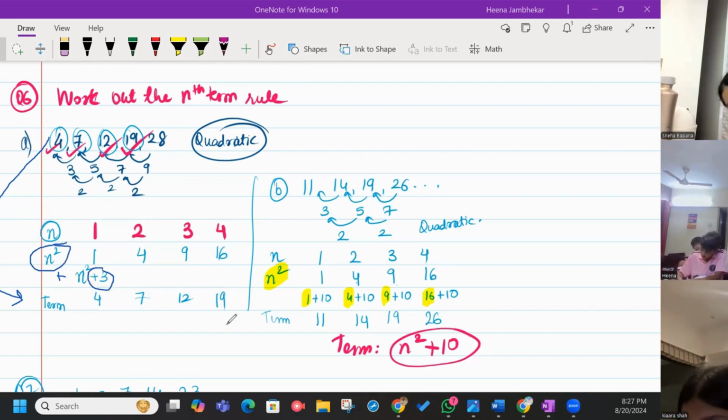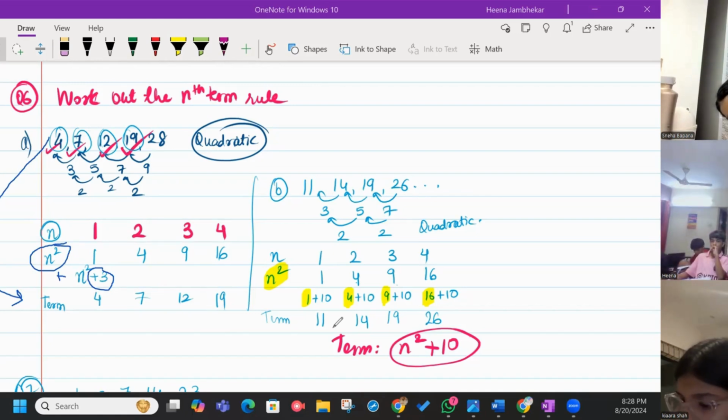Are you understanding this? Easy, difficult? Okay. I'll make up another one. Think of it like this. You have 11, 14, then 19, and then 26.